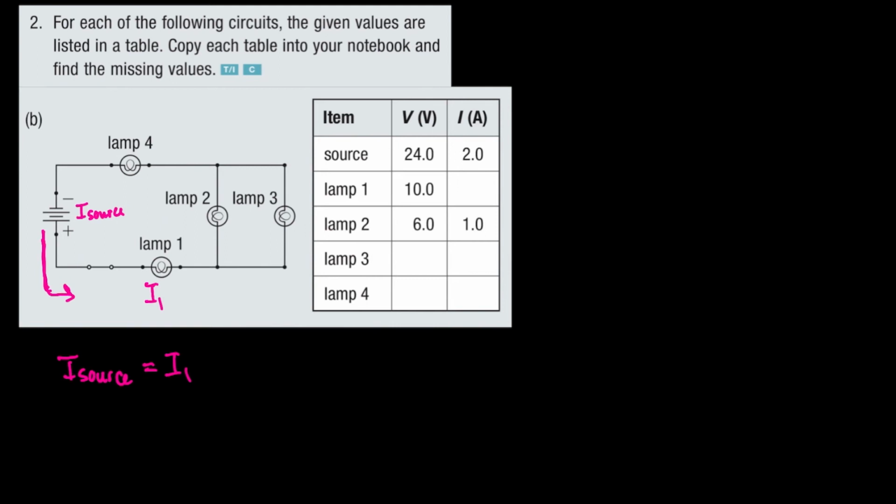So if you look at a table, we're given the current at the source, so this is the same as the current of the lamp 1. Which would be 2 amps.